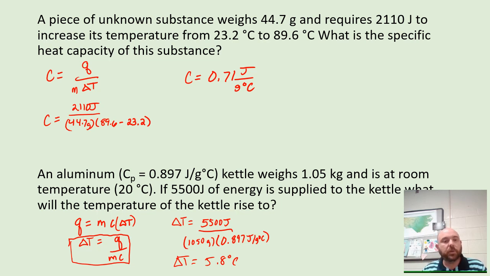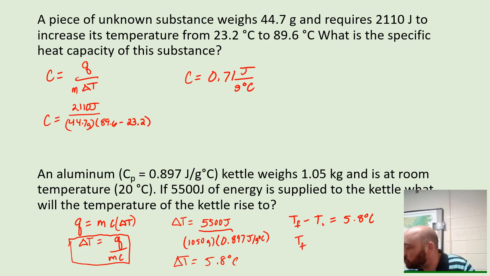But we need to keep in mind that that is not what the question asked for. The question asked for what is the final temperature. So if temperature change is equal to 5.8 degrees, what that means is Tf minus Ti is equal to 5.8 degrees Celsius. They give us Ti, and we know the temperature starts at 20 degrees.